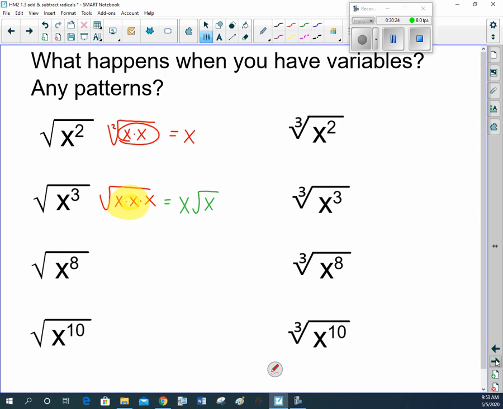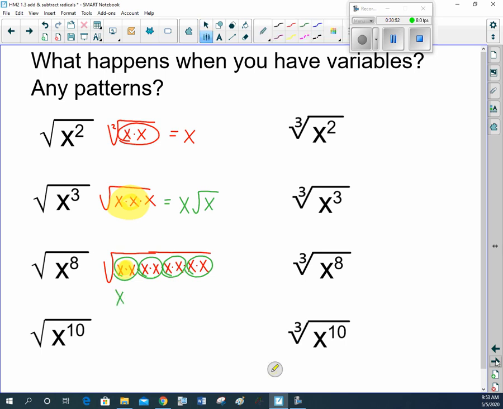Okay, next one, I've got 8 of them. 1, 2, 3, 4, 5, 6, 7, 8. Okay, so remember my index number is a 2, so I need them in sets of 2. So here's this one, this one, this one, this one. So when I bring this first one out, that comes out as an x.